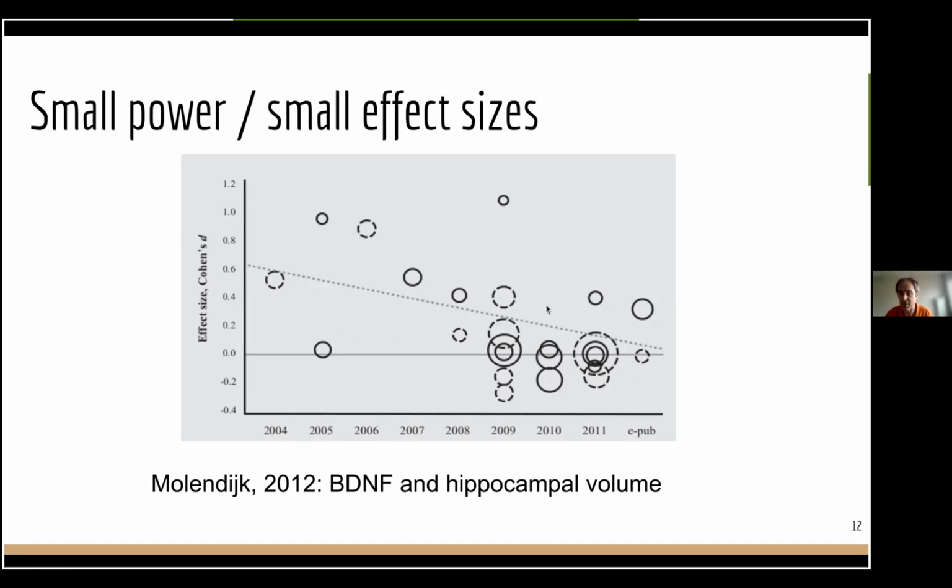There may be no noticeable effect size of this association. So if you were to do meta-analysis on the early years, you would probably find something significant across all those studies. And if you were to do this meta-analysis on the later years, probably that effect would be much smaller or possibly not significant.